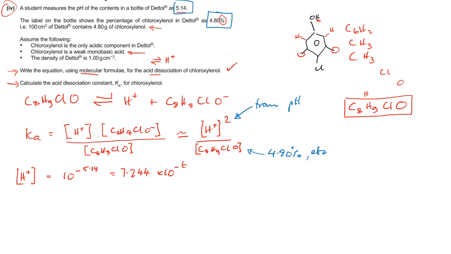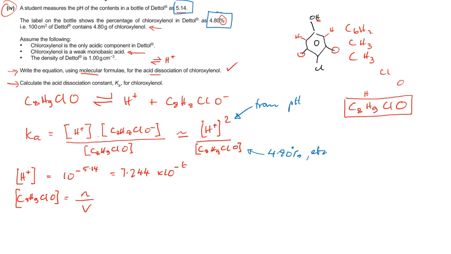Now let's write down what else we need. We need the concentration of chlorosilanol, C8H9ClO. It's not immediately obvious, but let's write down what we do know. We know that the formula for concentration equals moles over volume. We don't know how many moles we've got.